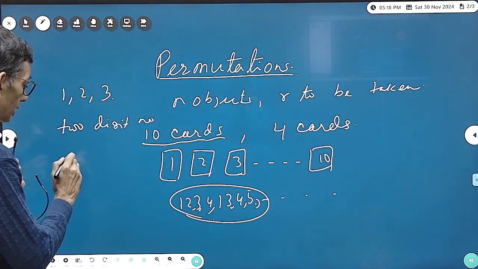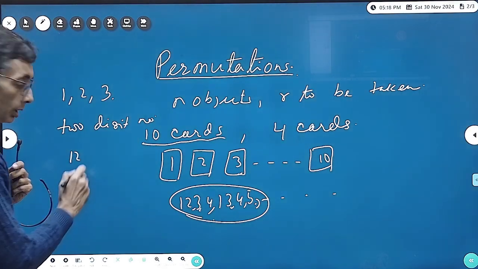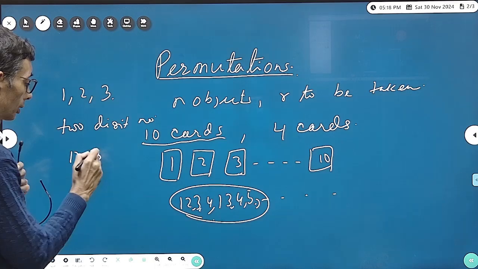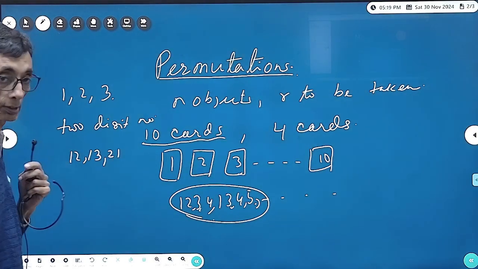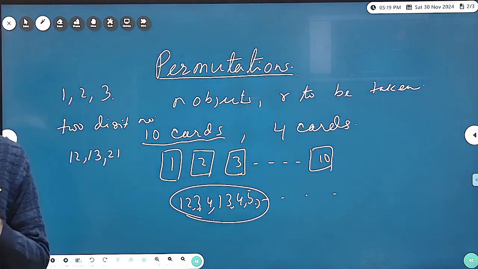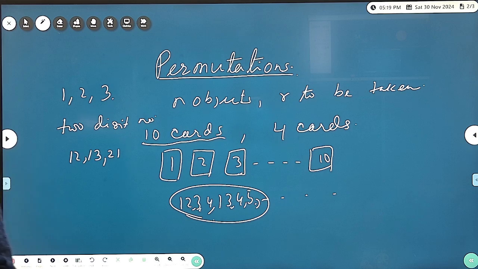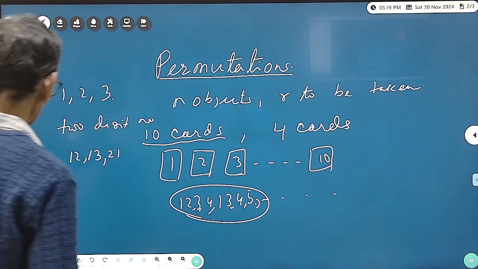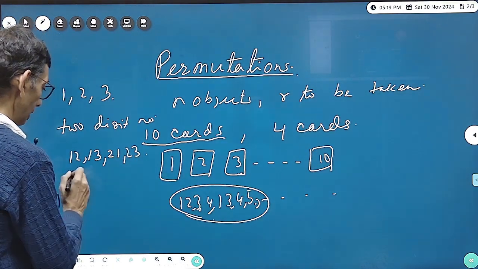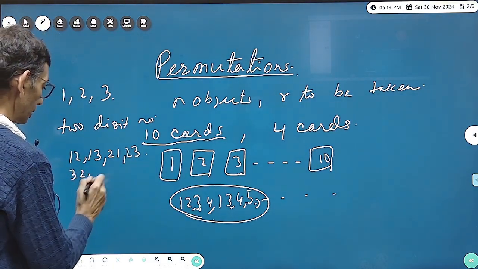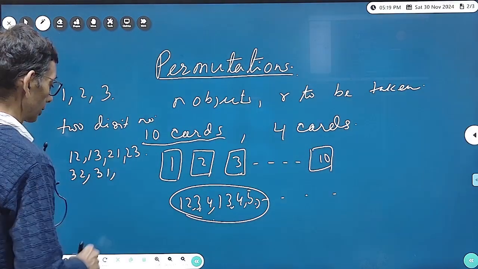If you make a 2 digit number, one will be 12, one will be 13, one will be 21 also possible if you change the order. 12 and 21 both are different, okay. 23 also an arrangement, 32 also an arrangement, 31 also an arrangement.